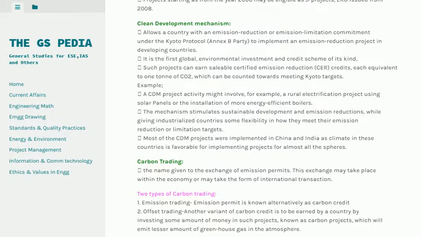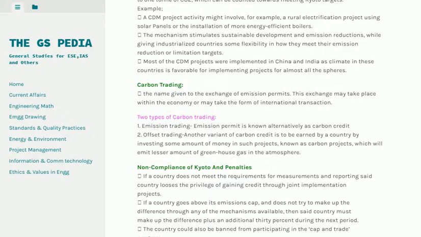Emission permit is known alternatively as carbon credit. 2. Offset trading. Another variant of carbon credit is to be earned by a country by investing some amount of money in such projects, known as carbon projects, which will emit lesser amount of greenhouse gas in the atmosphere.